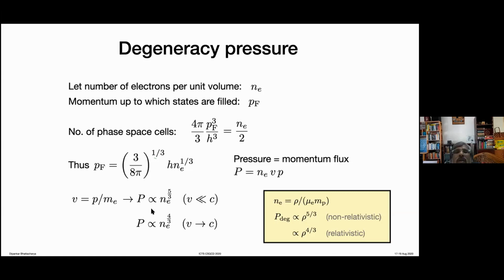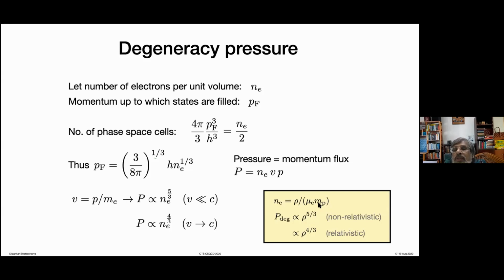So now this is electron number density, but the mass in these configurations comes from ions. The number of ions should be such that there is charge neutrality. So therefore, you have either pure protons, in which case there will be an equal number of protons and electrons.